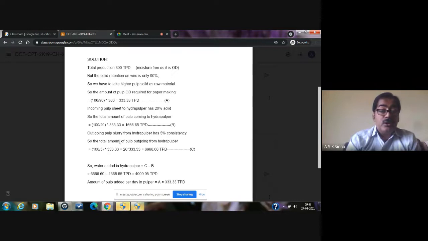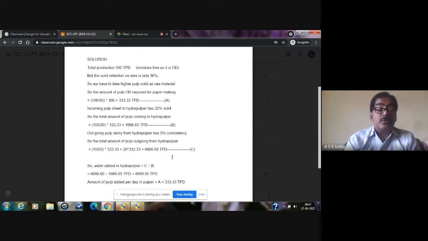from the Hydra pulper, which has 5% consistency. So the total amount of pulp outgoing from the Hydra pulper will be 100 divided by 5 multiplied by 333.33. Because here you can see 100 is the total amount, whereas the solid will now be 5% only.